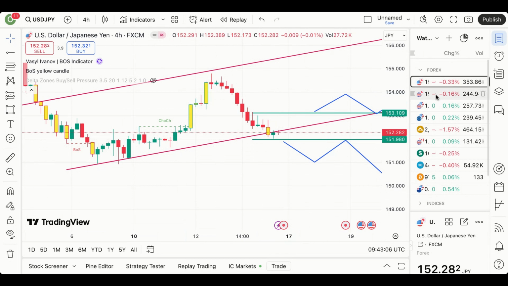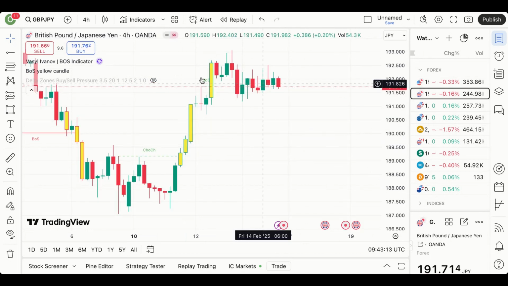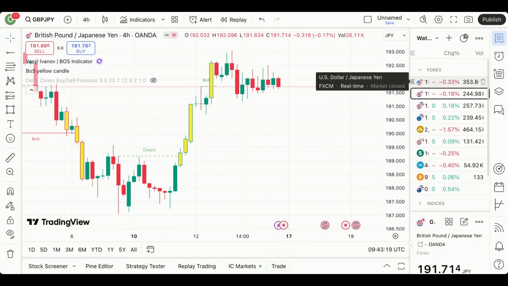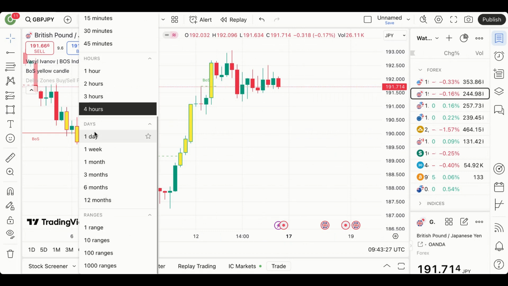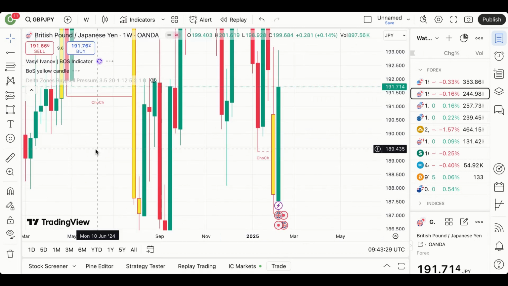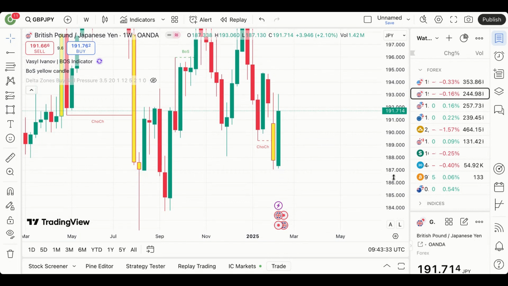So what is the trade for GBPJPY? Let's look at what the trend is for that for the week. Now we could see the GBPJPY trend for the week.